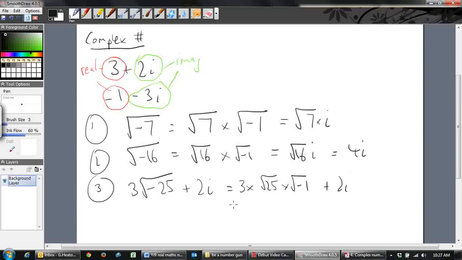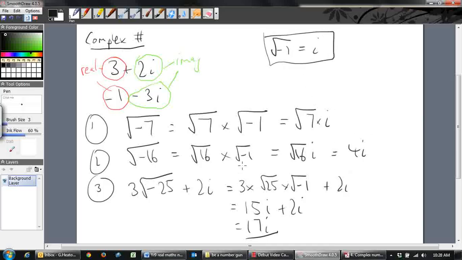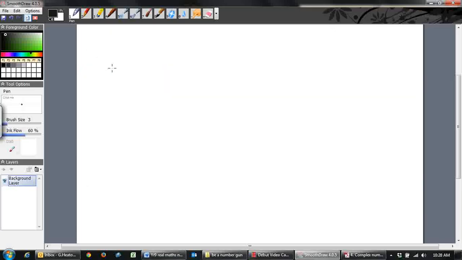What's the square root of 25? That's 5. So 3 times 5 is 15. What's the square root of -1? That's i. Plus 2i, which is equal to 17i. So we're just simplifying using the fact that the square root of -1 is equal to i. That's how we simplify using these.